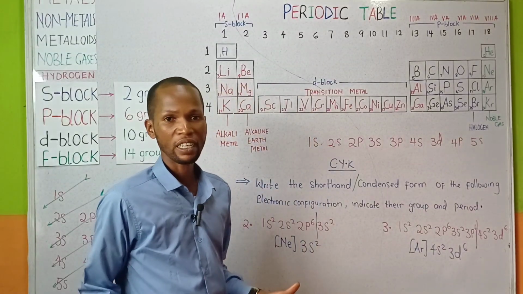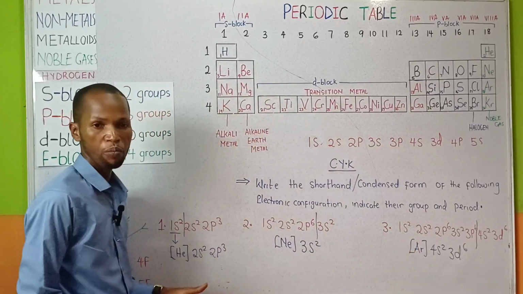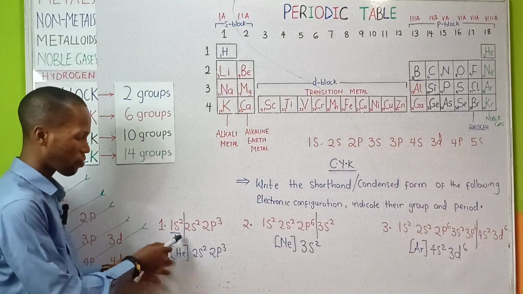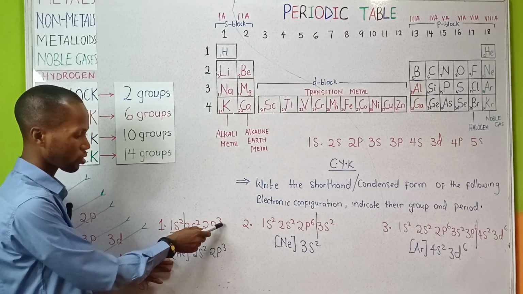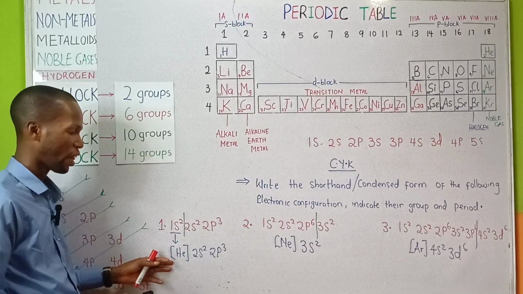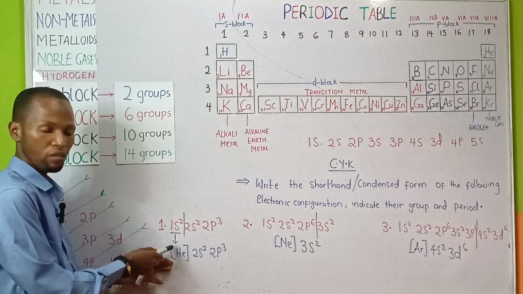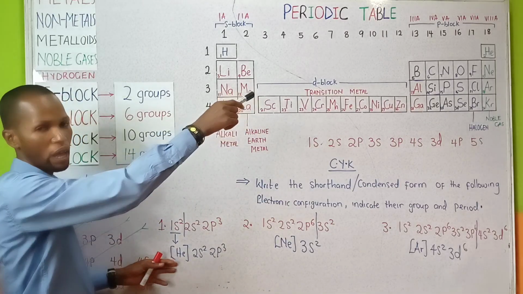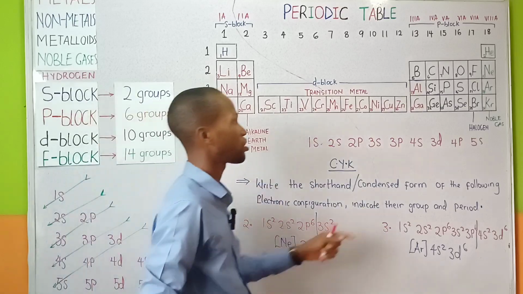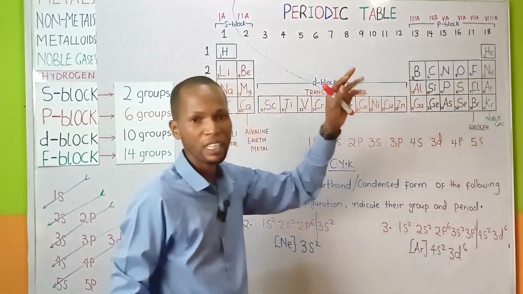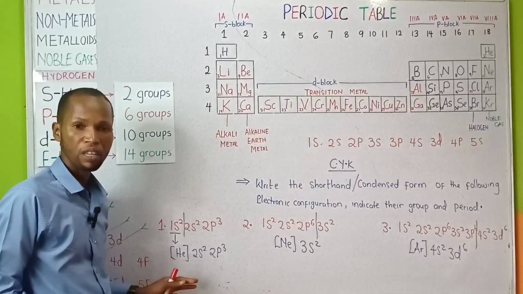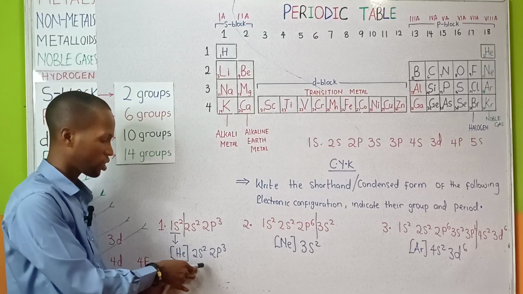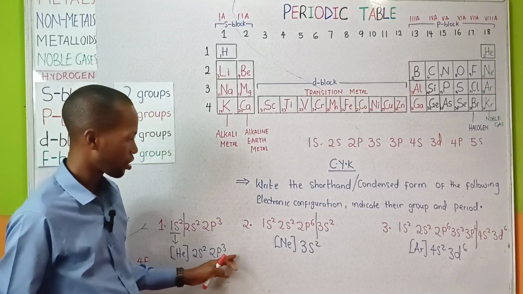I'm going to take that again, on the shorthand form or the condensed form of electronic configuration. Here we have 2 plus 2 plus 3, that is 7 electrons. And from the configuration right here, 1s2 is helium. So we are going to write short, considering the noble gas in the electronic configuration of the elements. So the noble gas here is helium, and the valence electronic configuration is 2s2, 2p3.